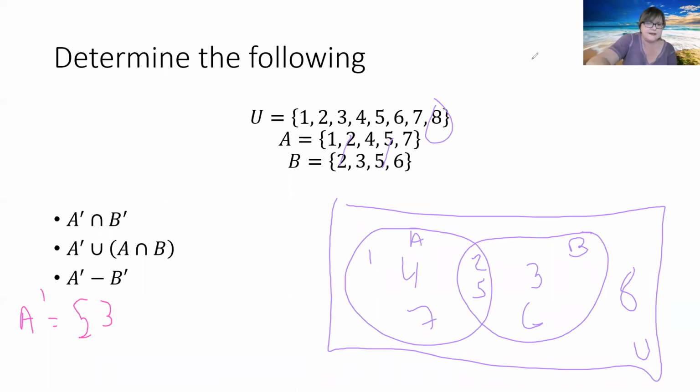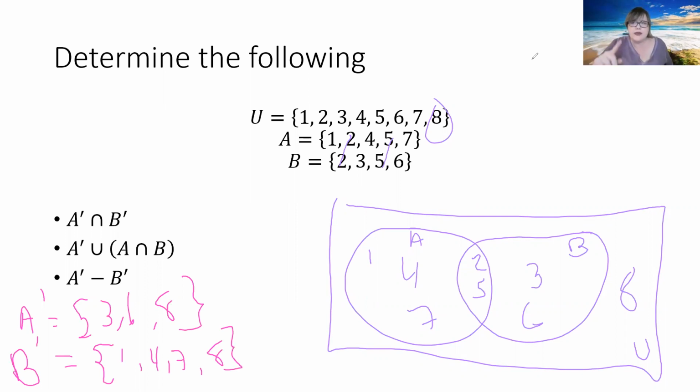Those are curly brackets, and I apologize, it's hard to draw at this angle. 3, 6, and 8. That's outside of set A, but still in my universe. All right, B complement. What's outside of B? Again, curly brackets. Outside of B is 1, 4, 7, and 8.